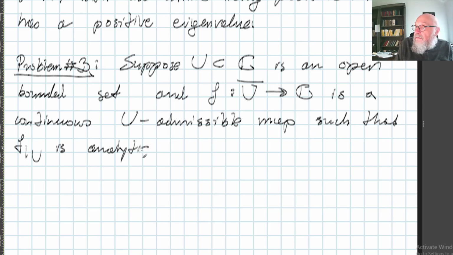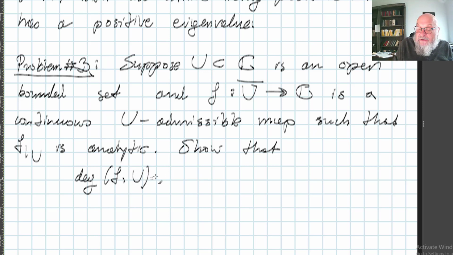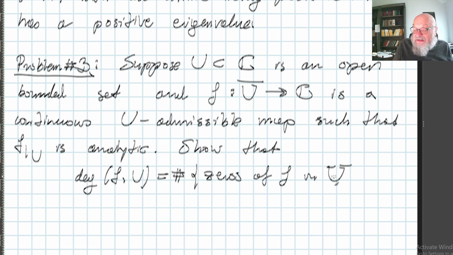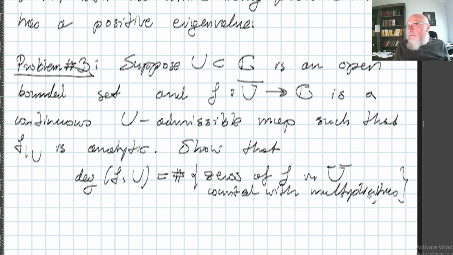Show that the degree of f on U is equal to the number of zeros of f in U, so this is the exact number of zeros counted with multiplicity. Counted with multiplicity.